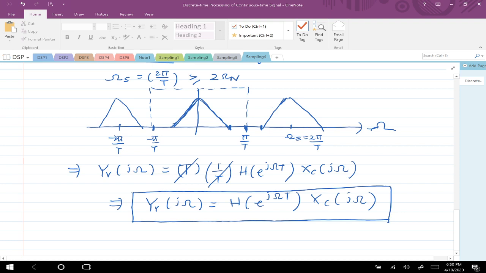Now, can you say just by looking at it whether it is an LTI system or not? Indeed an LTI system, because you are simply multiplying with H of e power j omega.